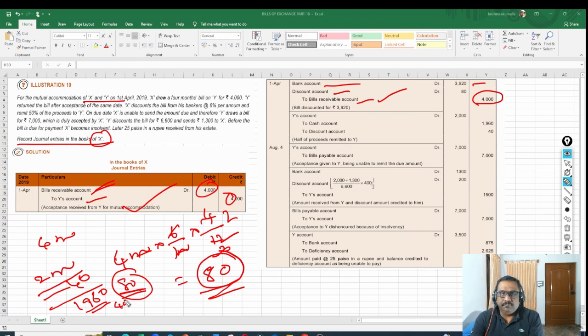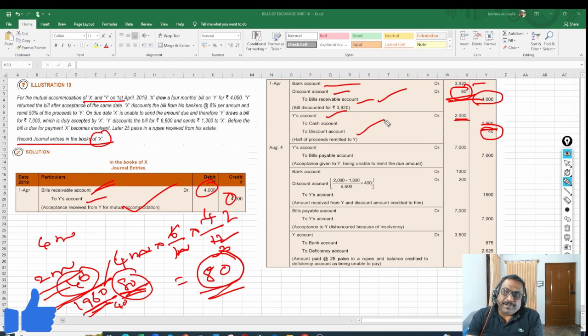So what entry do we write? Y account debit 2,000. Why did we debit Y account? Because we are paying Y 2,000 rupees. Cash account credit 1,960. How did we get 1,960? 80 rupees, 50%, 40 rupees. So 40 rupees discount we deducted, we got 1,960. And the discount, whatever he incurred here, 50% has been recovered. So that will be an income for him. So he is crediting that 40 rupees. Clear? So this is the entry.